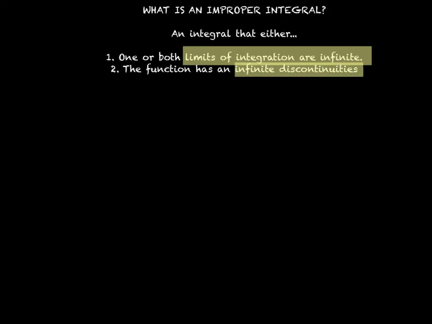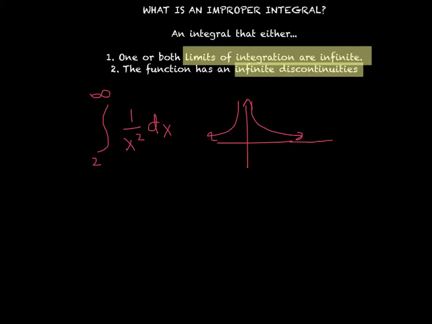So let's say, for the sake of argument, we had the integral from, let's say, 2 to infinity of the function 1 over x squared dx. Well, we know that 1 over x squared looks like this, but it never actually touches the x-axis. Let me extend that out a little bit.